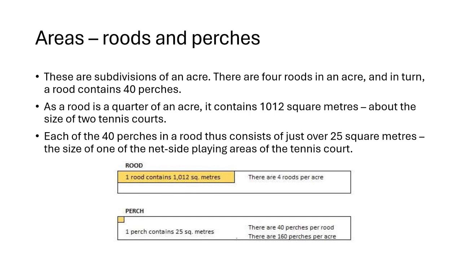And then they wanted to break it down even further, so they created perches, and they assigned 40 perches in a rood. So you have 40 perches in a rood and 4 roods in an acre. So 4 by 40 gives us 160 perches in total for an acre.